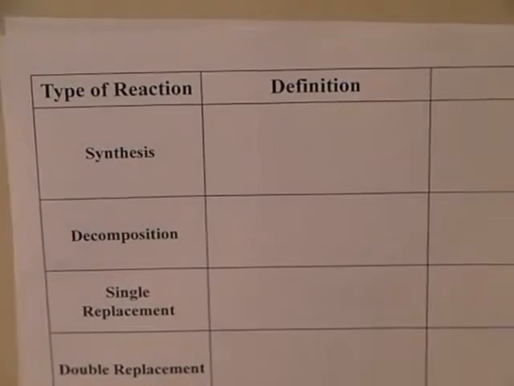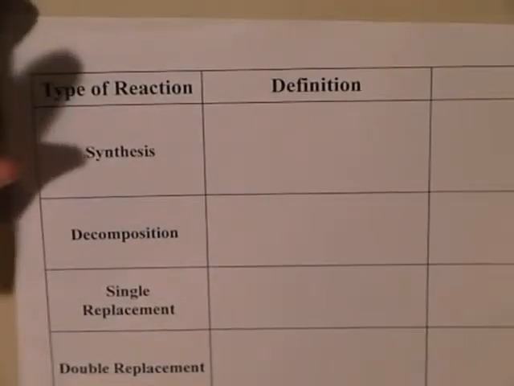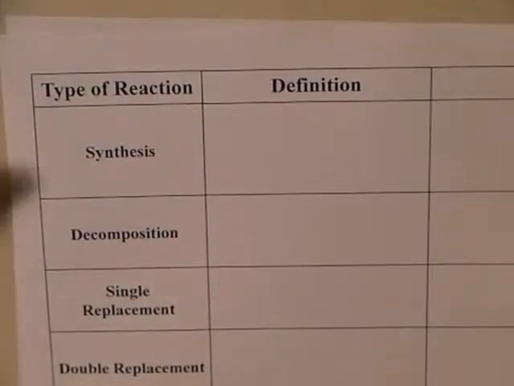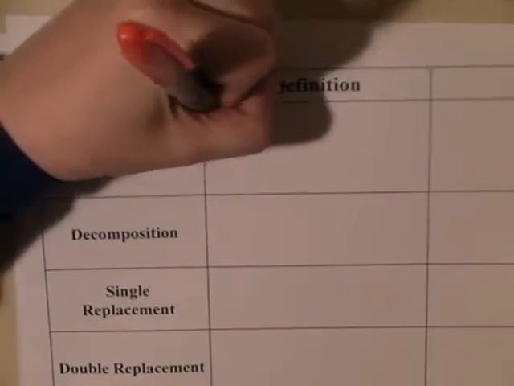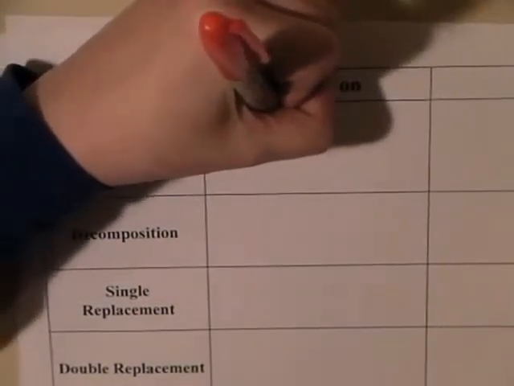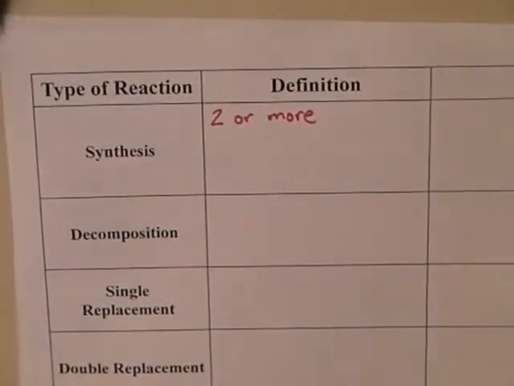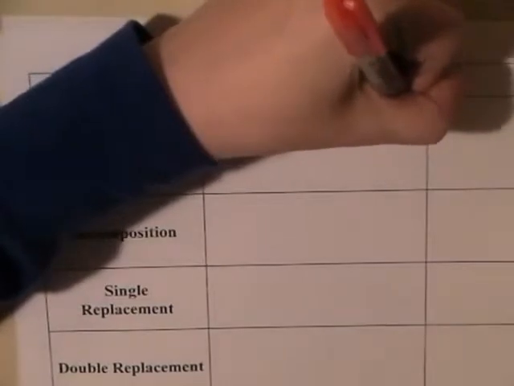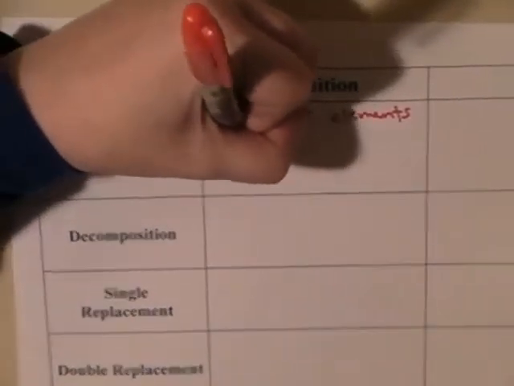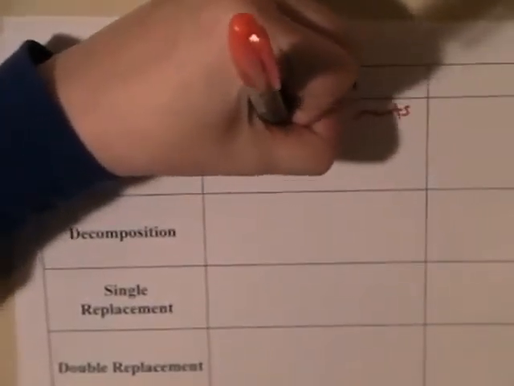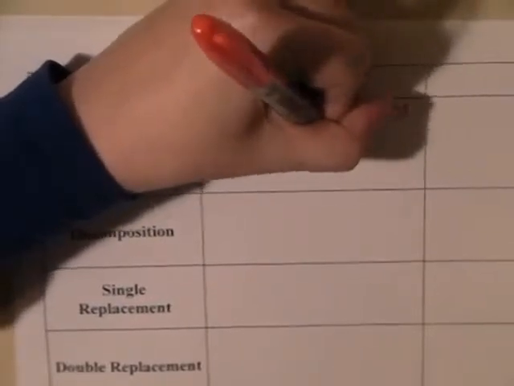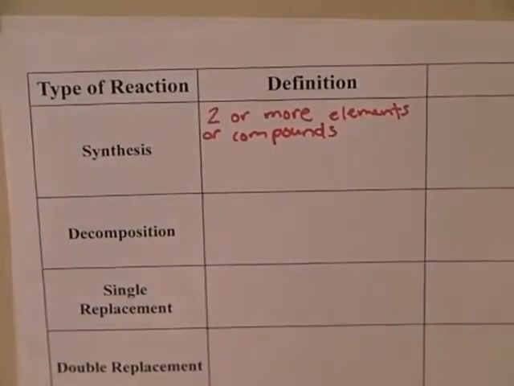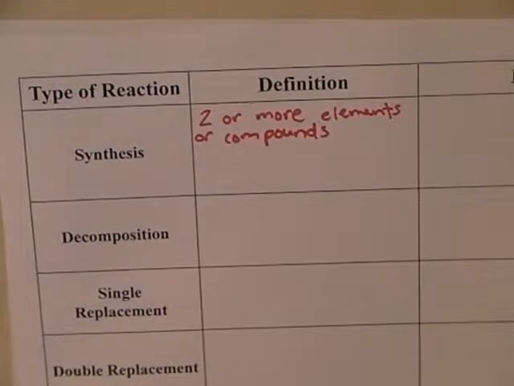Okay, there we go. So definition of synthesis. So it is 2 or more elements, could just be single elements, or compounds. Sorry for being left-handed again. So 2 or more elements or compounds.